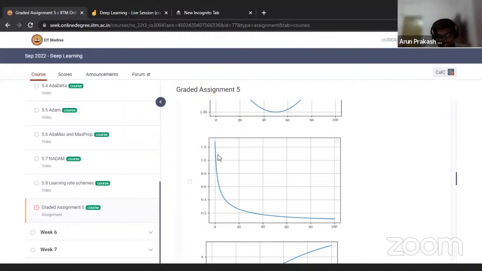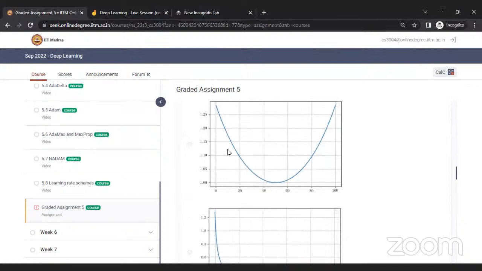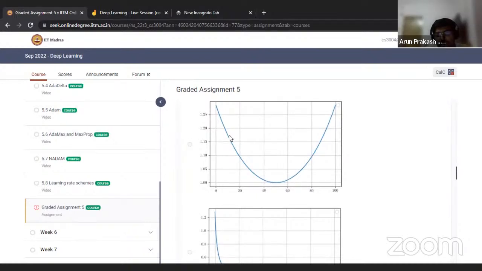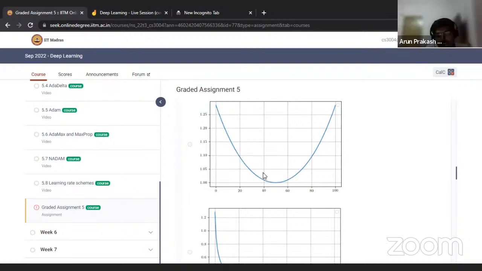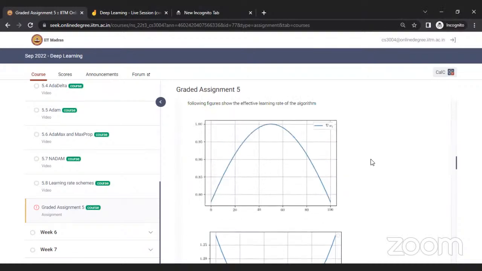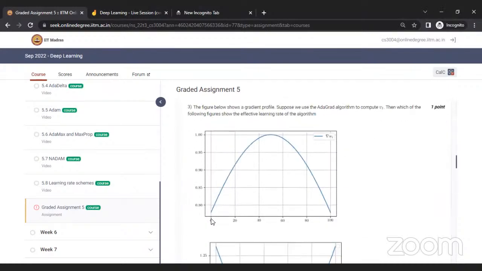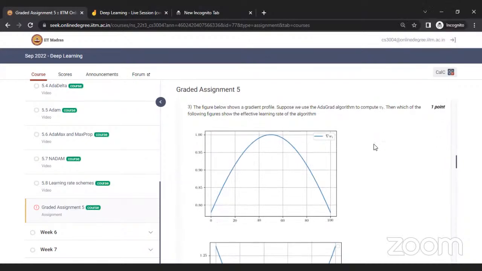But sir, this one is wrong, by the way. This one may be right, sir. Why do you think this is right? Because in the question it is given that after a certain iteration, del W is decreasing.